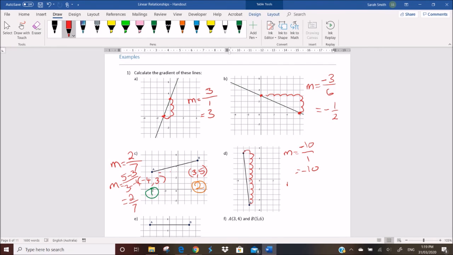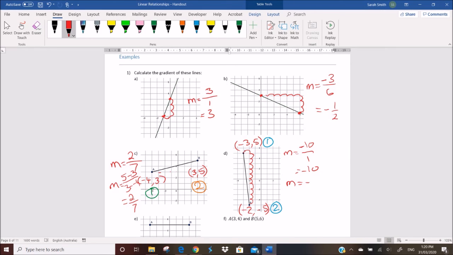The better way of doing it though, is if we look at the difference in our points. Our first coordinate up here is going across to -3 and up to 5, and our point down here is going across -2 and down to -5. So if I say this is point 1, this is point 2, it doesn't matter which order you do them in, you'll get the right answer either way.